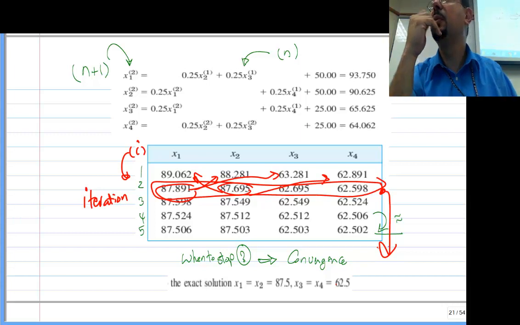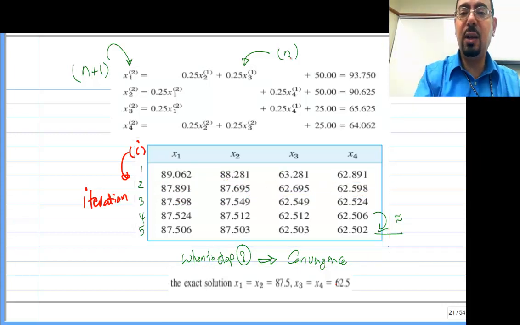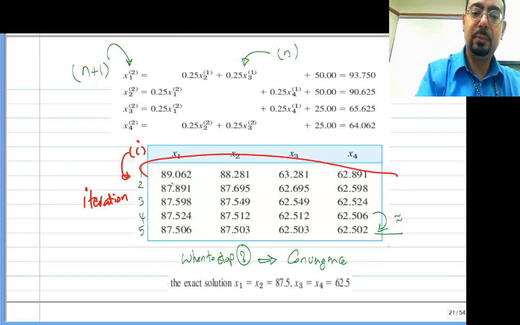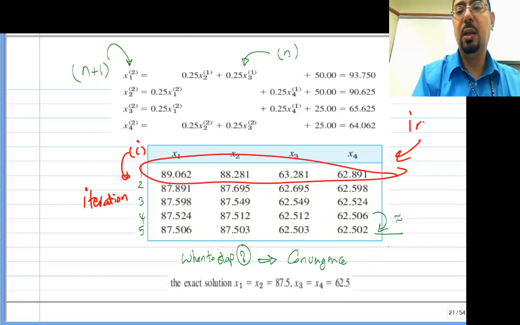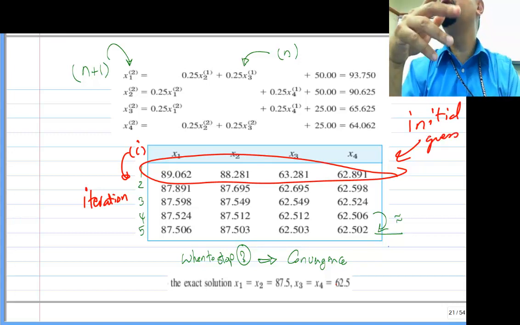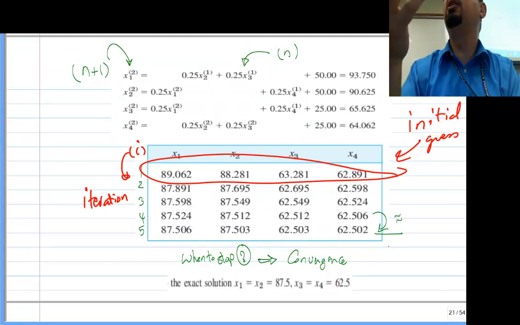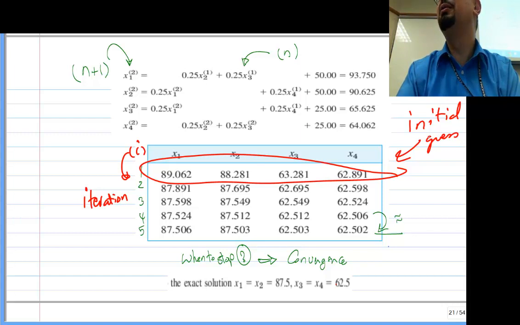Where did the first set of numbers come from? Right, excellent question. So the first is your initial guess. In commercial software for fluid mechanics, for example, they give you the option to specify what you want initially.